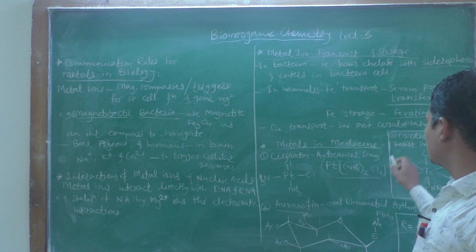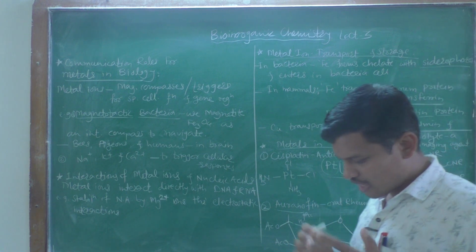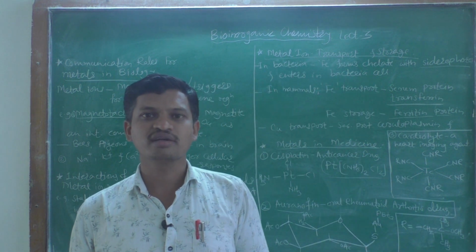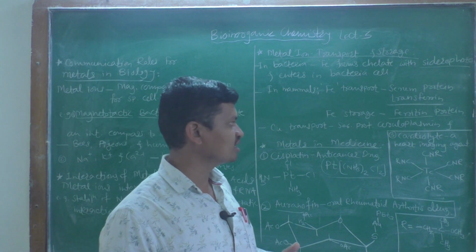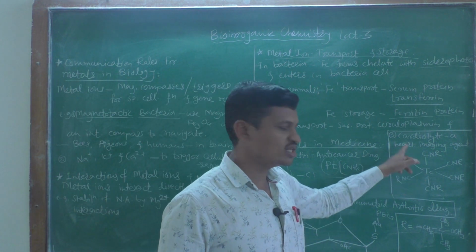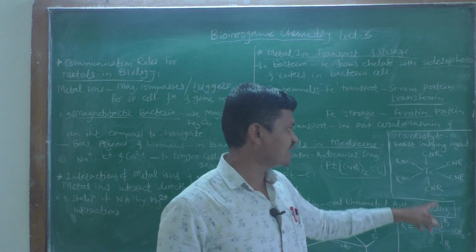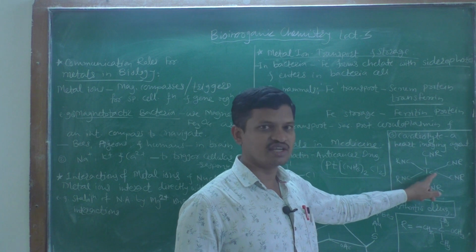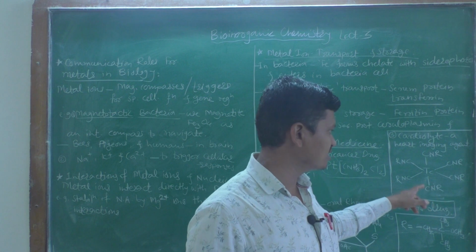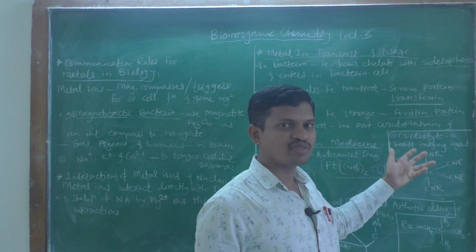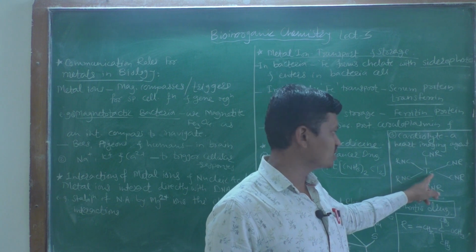Then the last type of drug is called Cardiolite. This Cardiolite is a heart imaging substance, or heart imaging agent. This is again a coordinate complex with technetium as the central metal atom. Tc, technetium, is the central metal atom, and there are 6 coordinate bonds present to the central technetium.